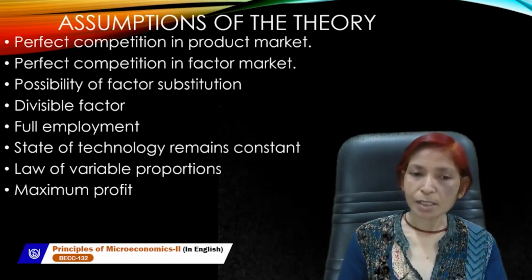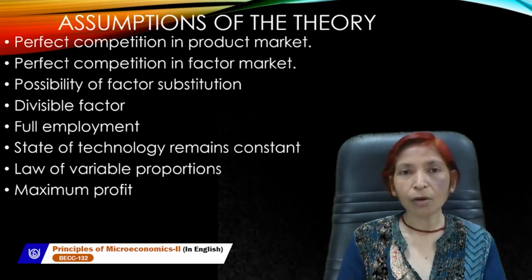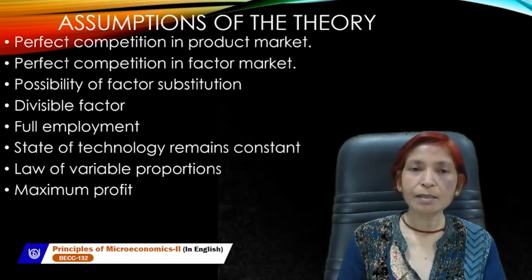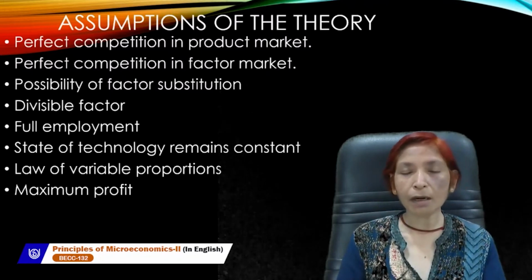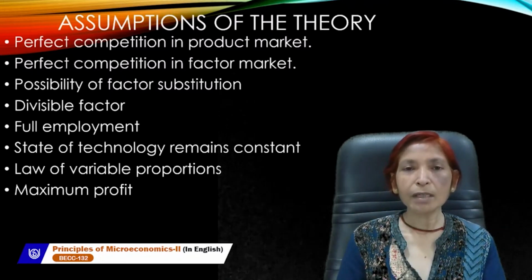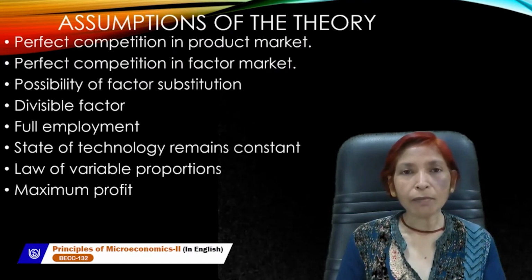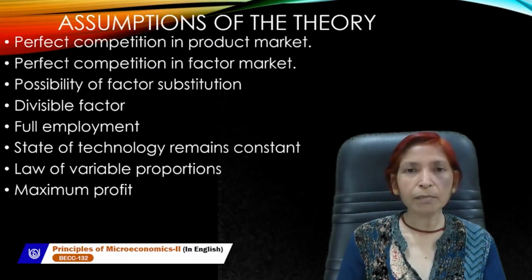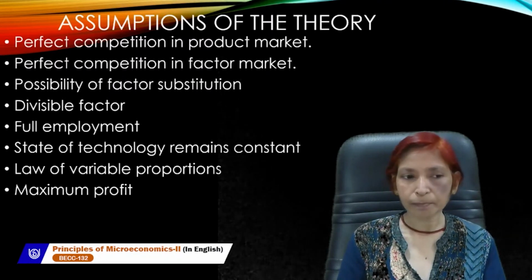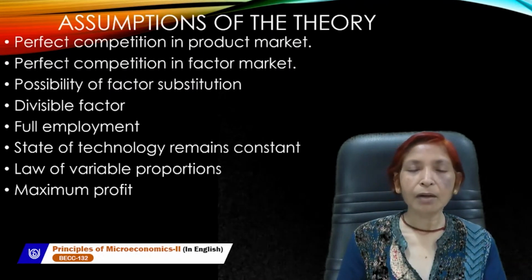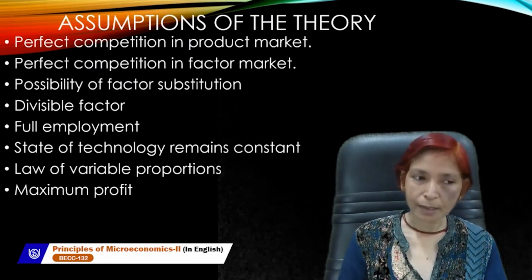More advanced technology gives a great contribution to the production of goods and services. So technology can't remain constant. The economy is dynamic, not static. Nothing can be stable; everything is dynamic or variable. Still, in this theory we assume that technology remains constant.